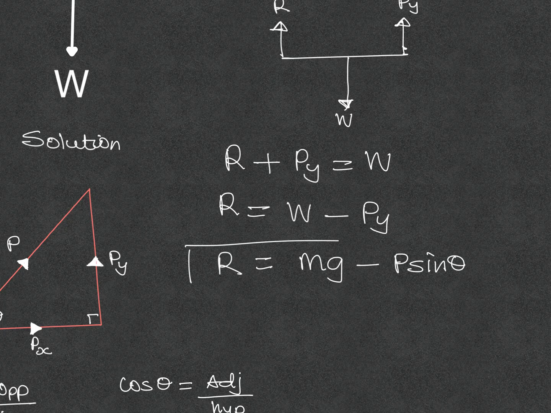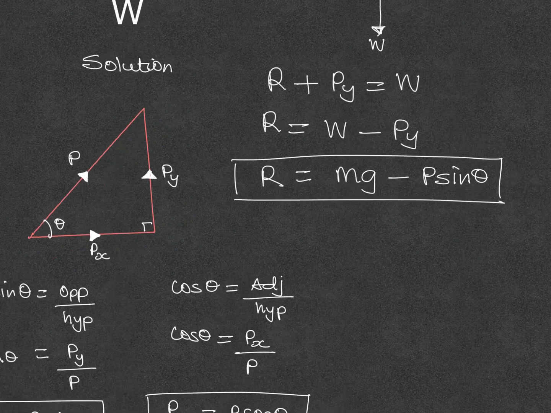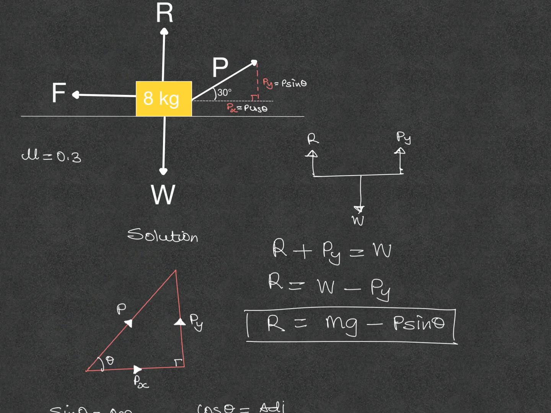So that is R. It is important to know that for friction on a horizontal surface where the applied force is inclined, the normal reaction is mg minus P sine theta. As you can see, because we have minus P sine theta, it means that the vertical component of the applied force actually reduces the normal reaction.